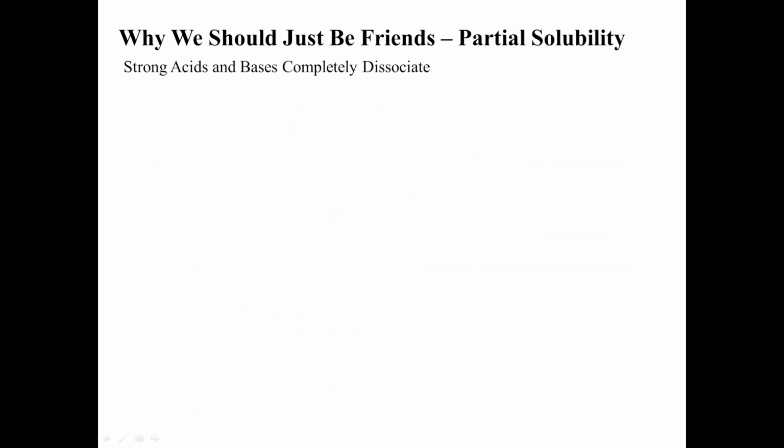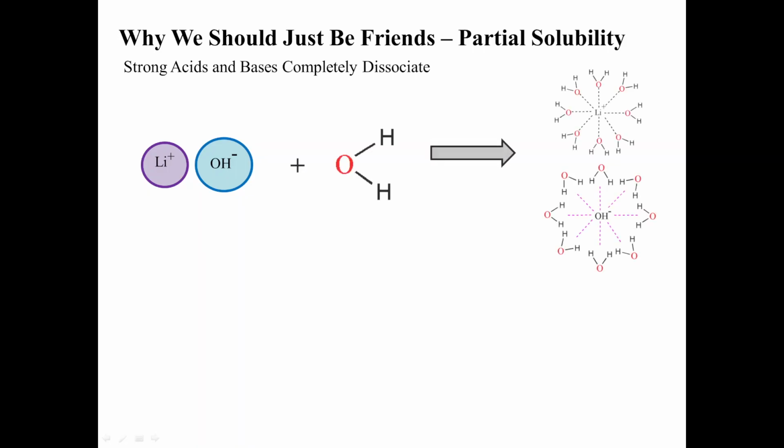Now there are going to be some instances where some things don't fully break apart, or they're only partially soluble. The general rule is that strong acids and strong bases will completely dissociate. So if we have lithium hydroxide, this is a strong base. If we mix it with a bunch of water, it'll break up into its ions, so we'll have lithium plus and OH minus.